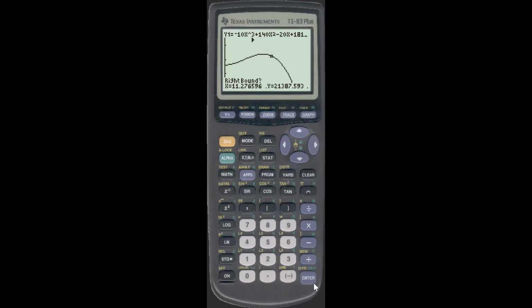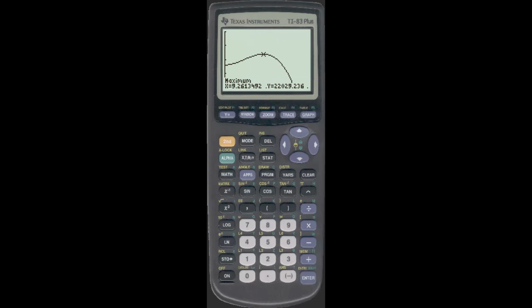And then it says guess. You can guess right where you were. You don't have to go to where the maximum is, just guess right where you are and hit enter. And you should see this when you're done.